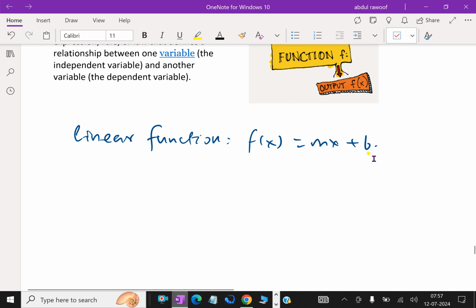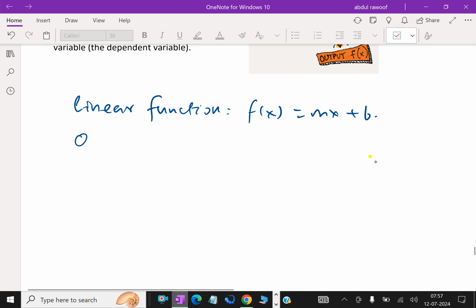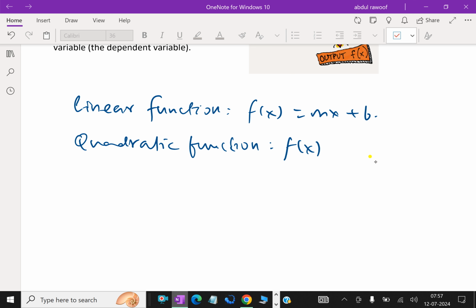So, mx plus b is a general linear function. Quadratic function: f of x equals ax squared plus bx plus c. Here, a should not be equal to 0.